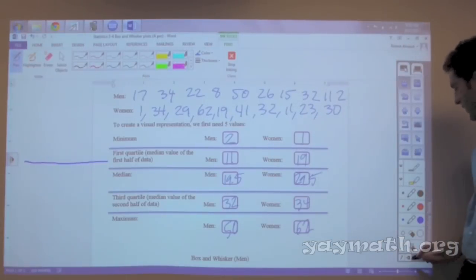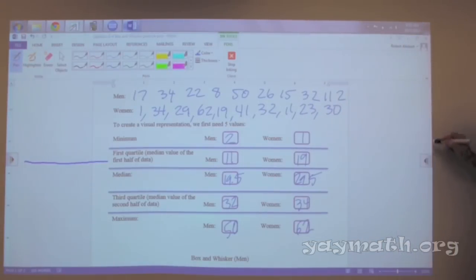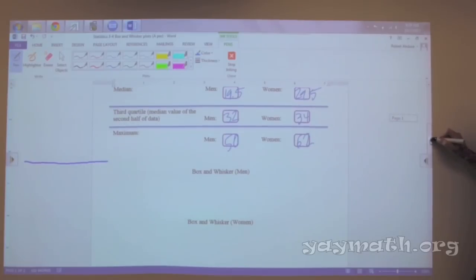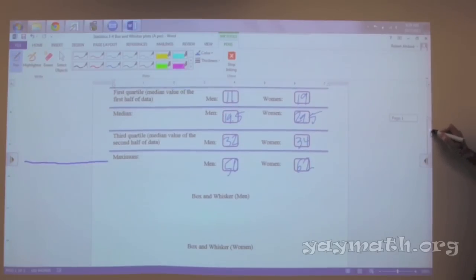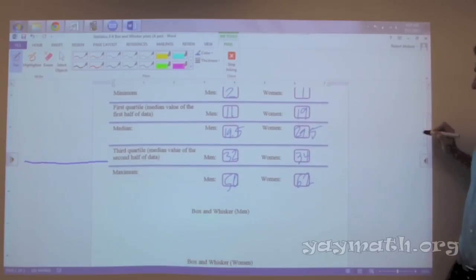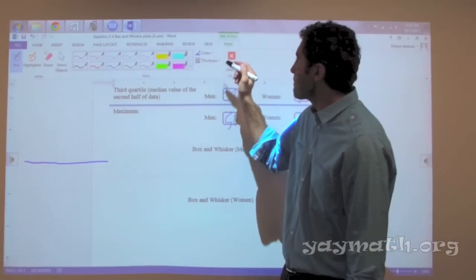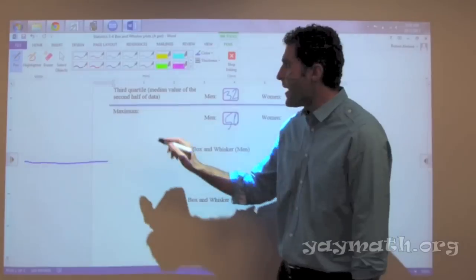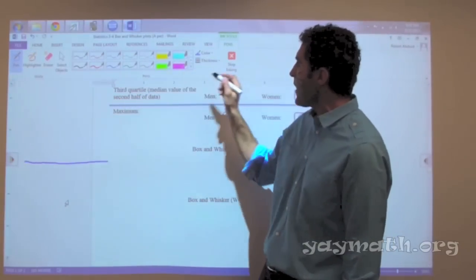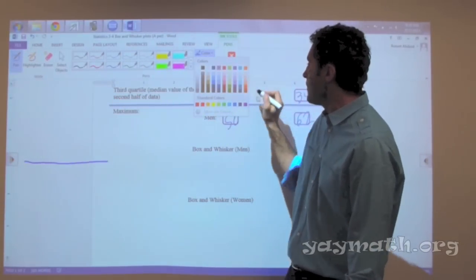Now using this data, we can construct a visualization. There you go. Box and whisker plot for the men. So all you got to do first is draw a box. You know what, before that, let's do the min and max. What are the min and max for the men again? Remind me. Let's go purple. 2 and 50.